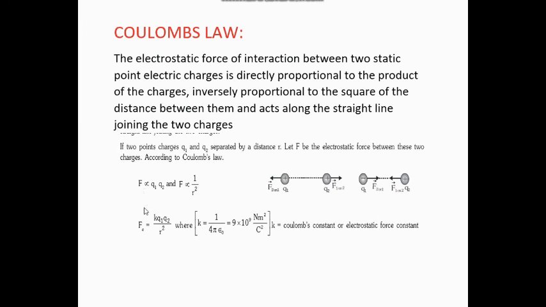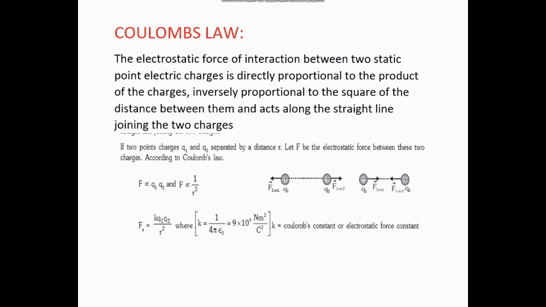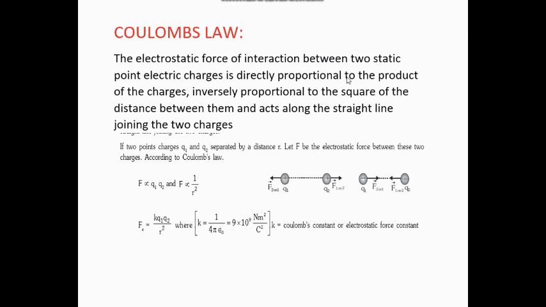So now force is equal to k Q1 Q2 divided by r square, where k is equal to 1 by 4 pi epsilon naught, equal to 9 into 10 power 9 Newton meter square per Coulomb square. k is a constant. I think you understand this very clearly, and going further, let us solve an example to get clarity on this concept.